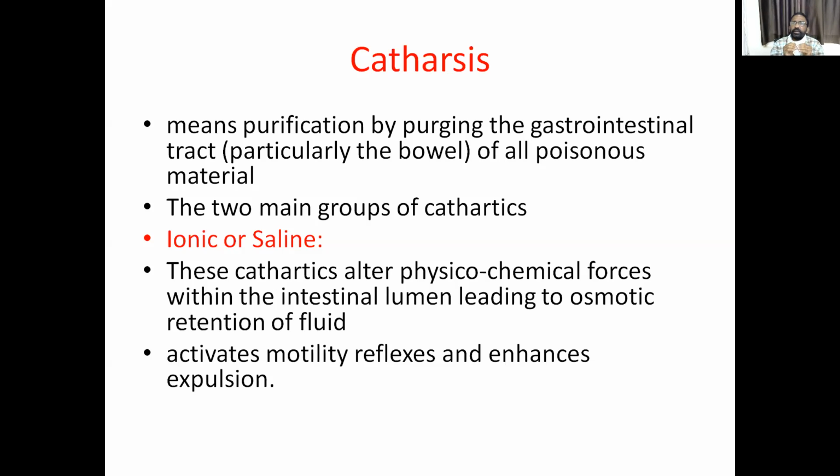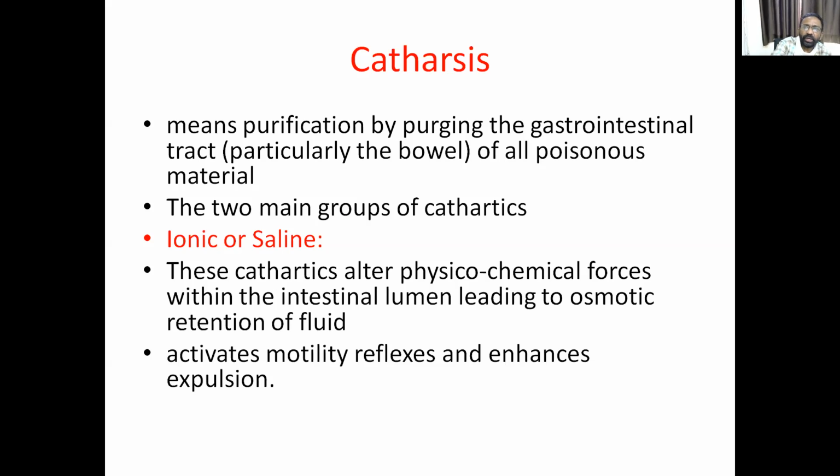The main function of these cathartics is that they alter the physico-chemical forces within the intestinal lumen, leading to osmotic retention of fluid, and this retention of fluid enhances the reflexes and produces expulsion from the intestine. This is the principle underlying catharsis.